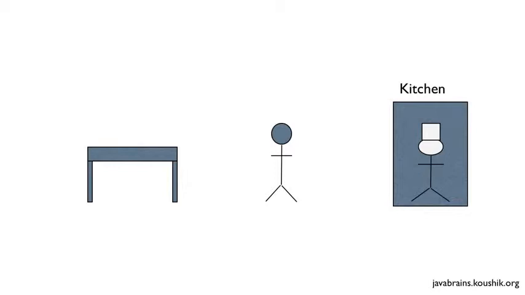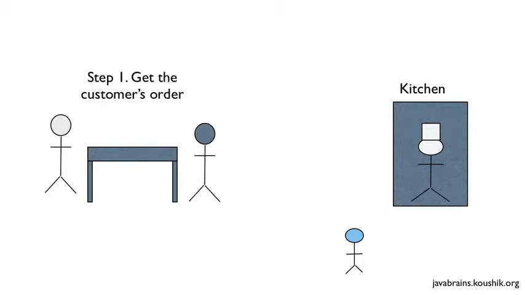Okay, so now our stickman gets another idea. He wants to improve the process yet again, and he brings in another recruit into the restaurant. This is a person who specializes in decorating the food. Now what happens is, when a customer comes in, this is the flow. Step 1, our stickman gets the customer's orders.